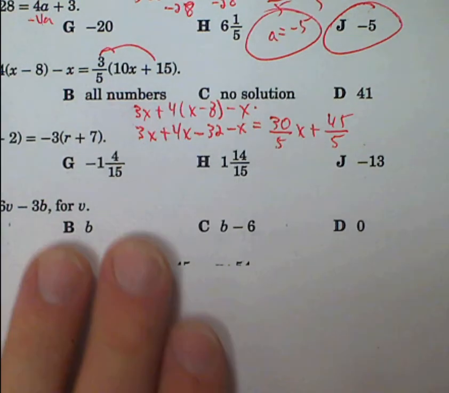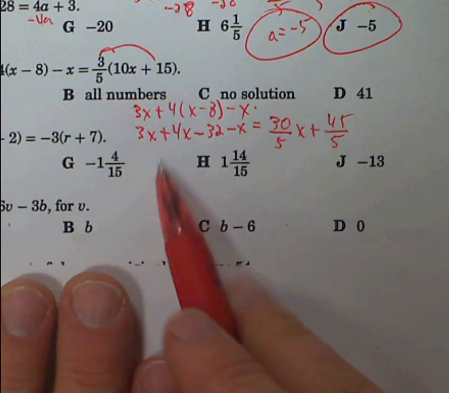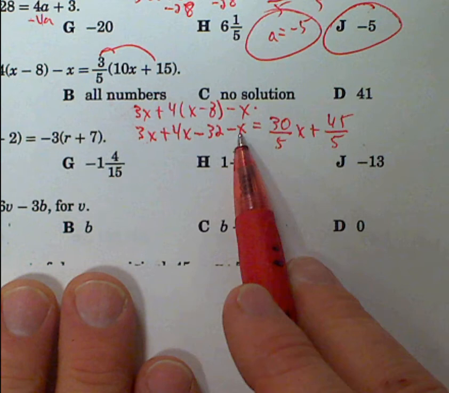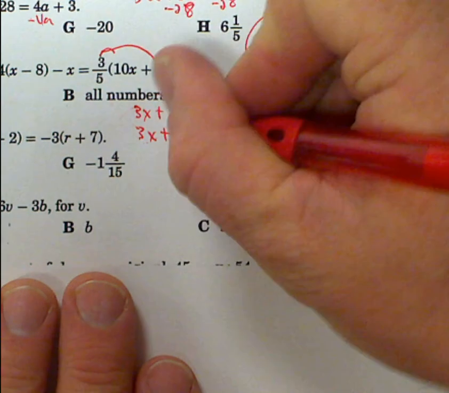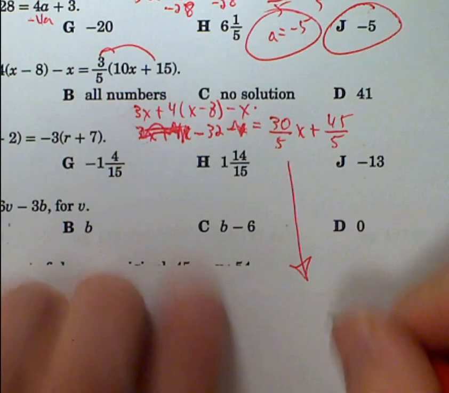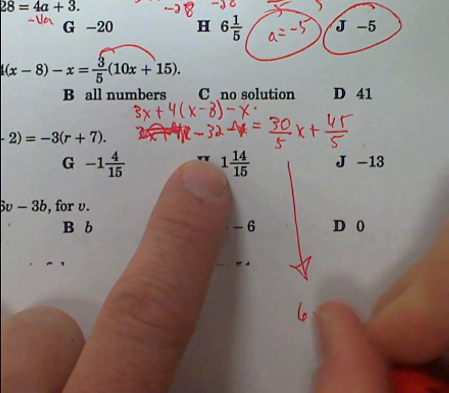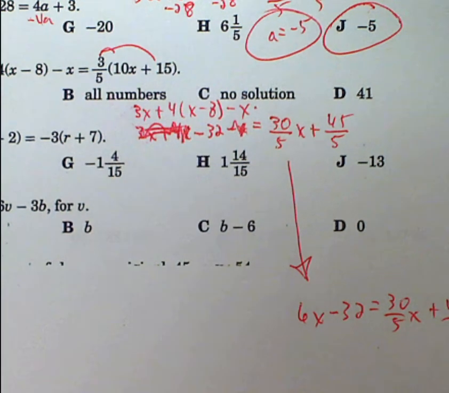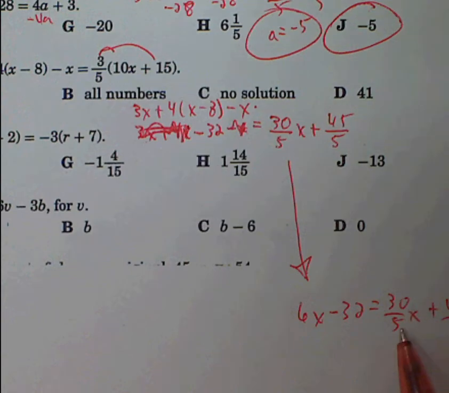Now I can combine like terms. That would give me 7x, 7x minus x would be 6x. So this all turns into 6x minus 32 equals 30 over 5x plus 45 over 5.